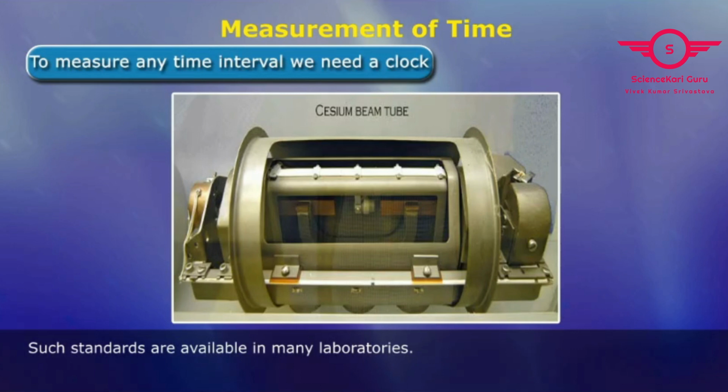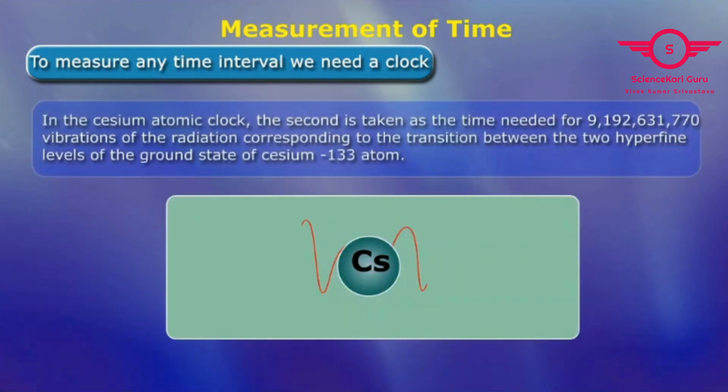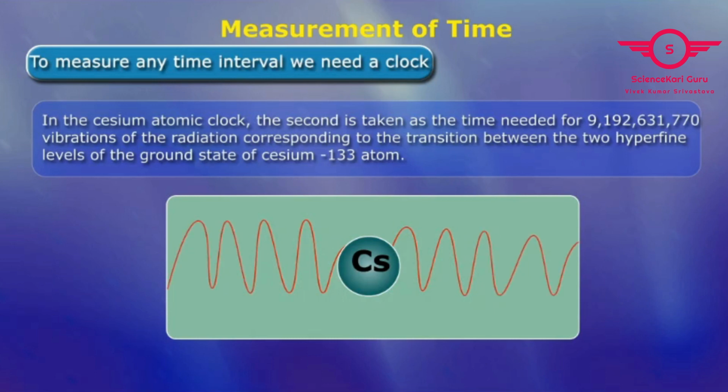Such standards are available in many laboratories. In the cesium atomic clock, the second is taken as the time needed for 9,192,631,770 vibrations of the radiation corresponding to the transition between the two hyperfine levels of the ground state of cesium-133 atom.